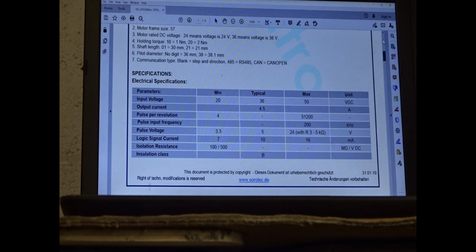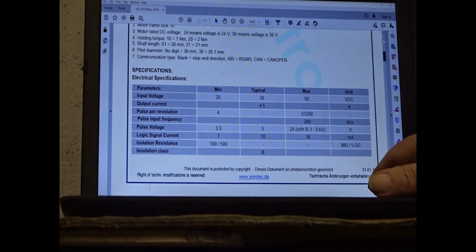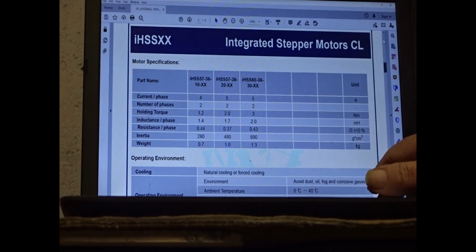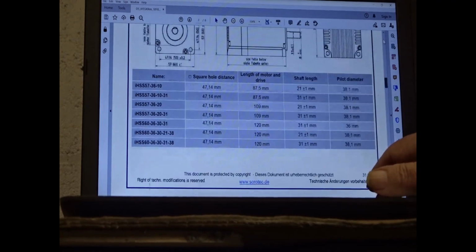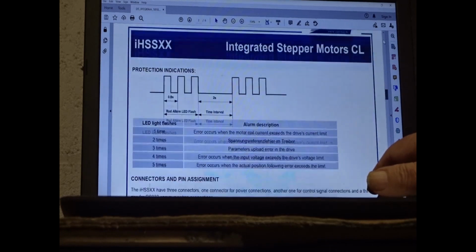The logic signal current is typically 10 milliamps, max 16 milliamps, and minimum 7 milliamps. That is useful information. I'll just go down here. Inductance per phase, not important.